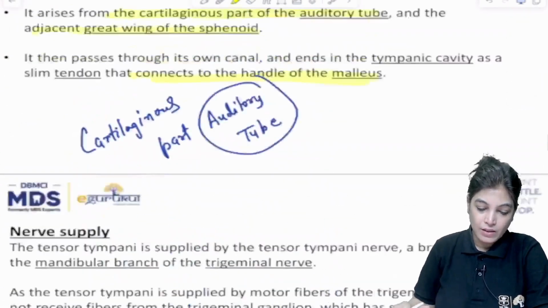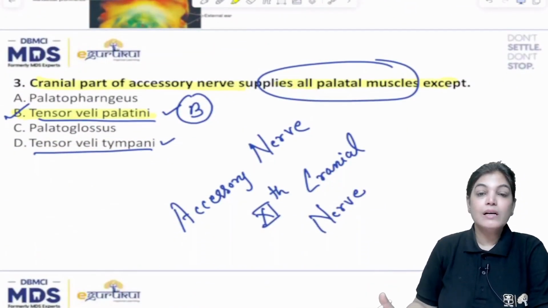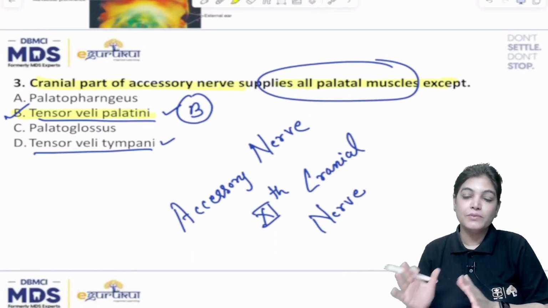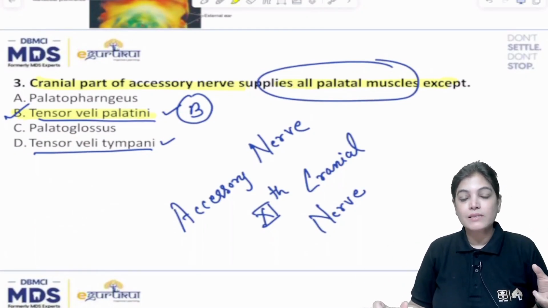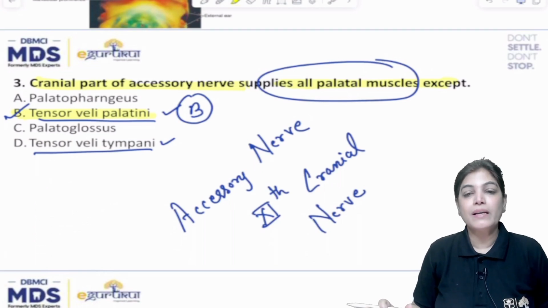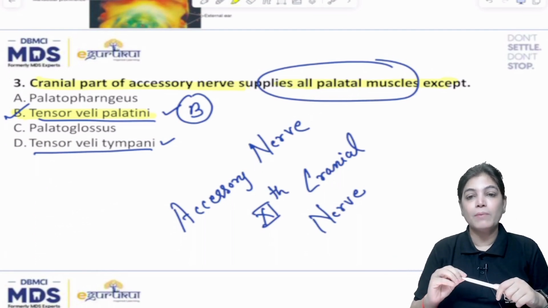Okay. Now, other than that, cranial part of accessory nerve supplies which palatal muscle? If you read this question nicely, they are asking about the palate muscle which is not getting innervation from cranial part of accessory.